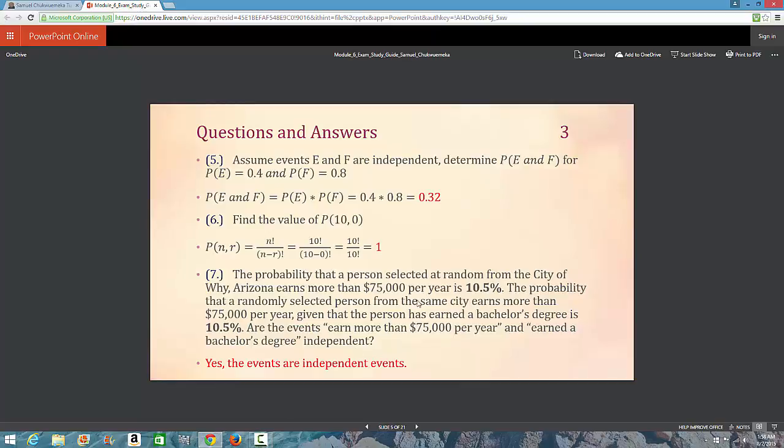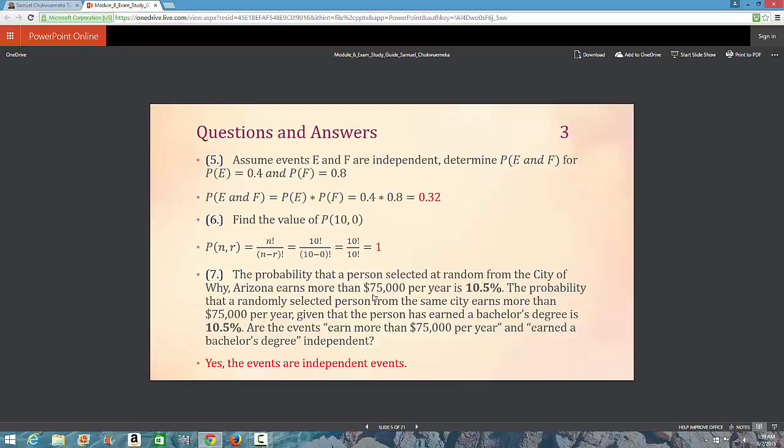So we have two events here, and we can call them event A and event B. The first event is that a person selected at random earns more than $75,000 per year. And the second event is that the person selected at random has acquired a bachelor's degree.